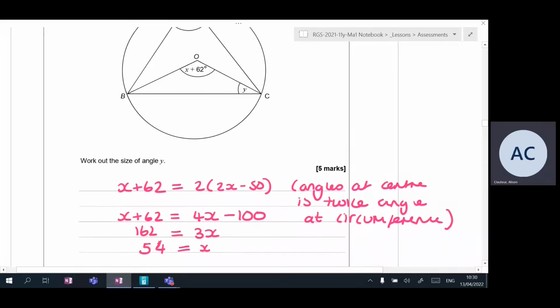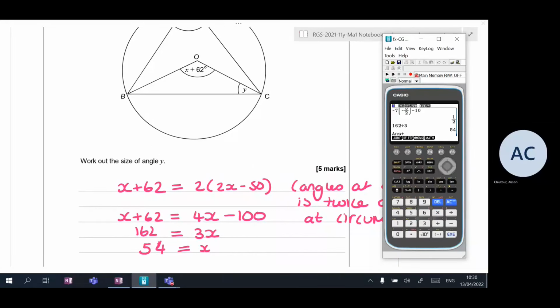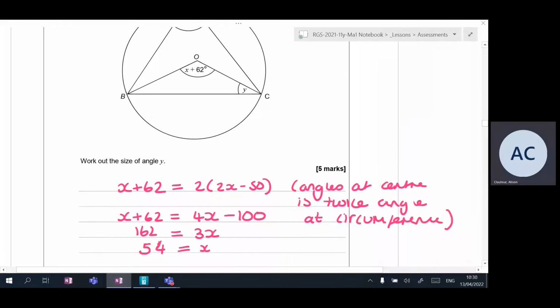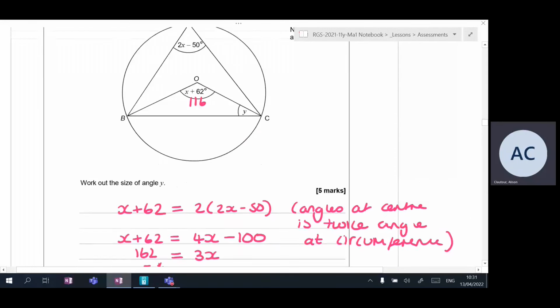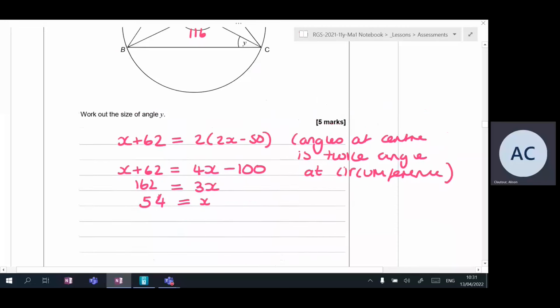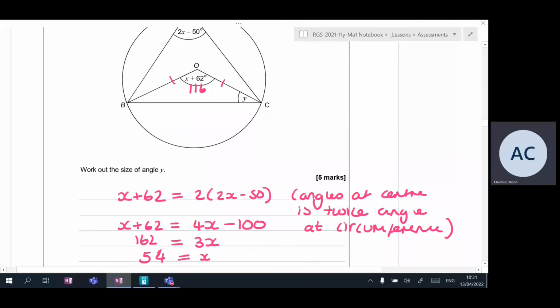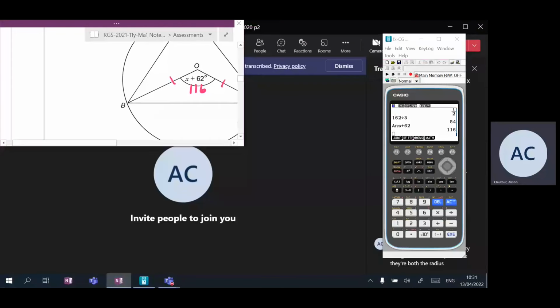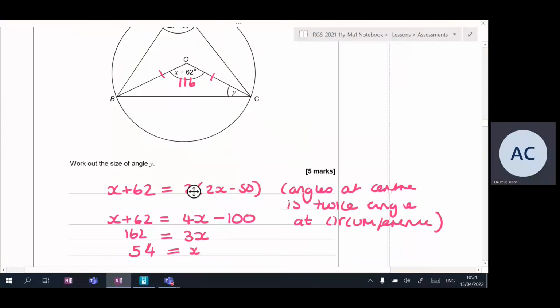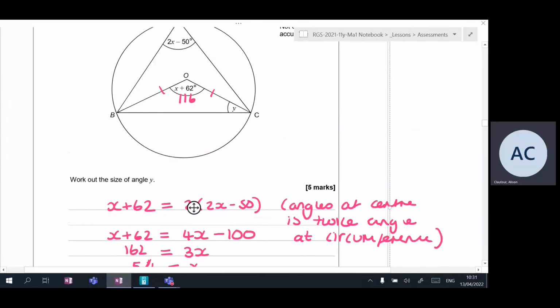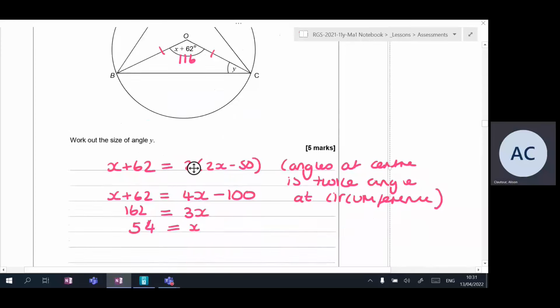So if I add 62, I'll find the angle at the centre, sorry. So this is 116. Okay, so then you've got an isosceles triangle, so OB and OC are equal because they're both the radius. So you've got an isosceles triangle. I don't know what's happened here. Okay, you've got an isosceles triangle, and you can just work it out using angles in a triangle.